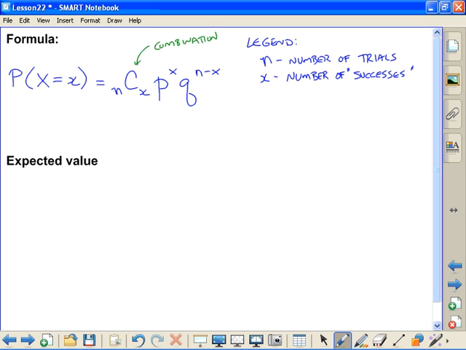Successes is whatever we're hoping to get out of it. So technically, if we want to know the probability of something failing, failure in this case would be our success. So success is a relative term. It's not so much a positive result, it's the result that we're interested in. P is the probability of success.